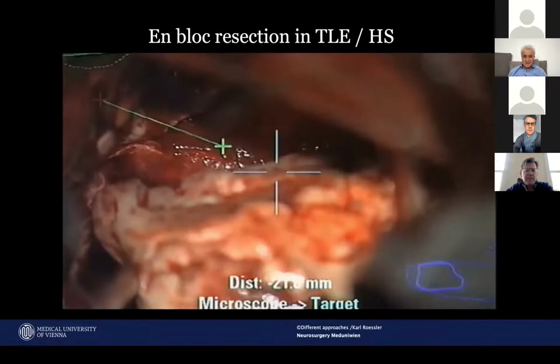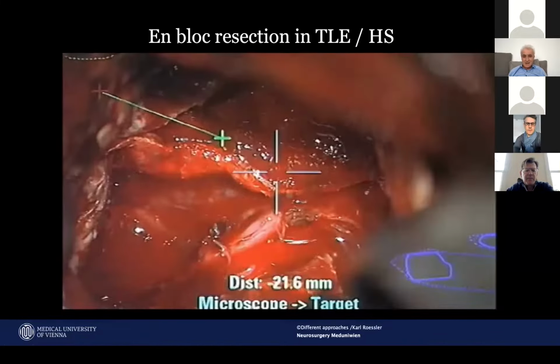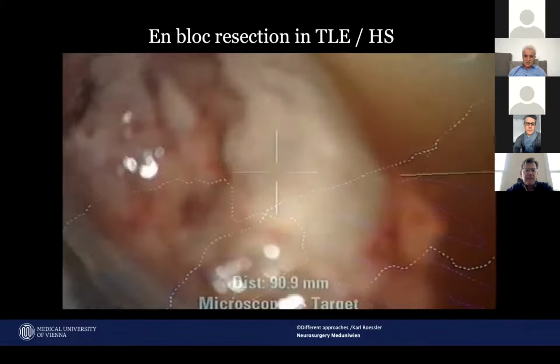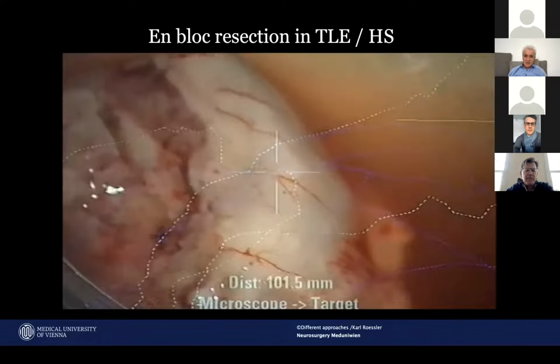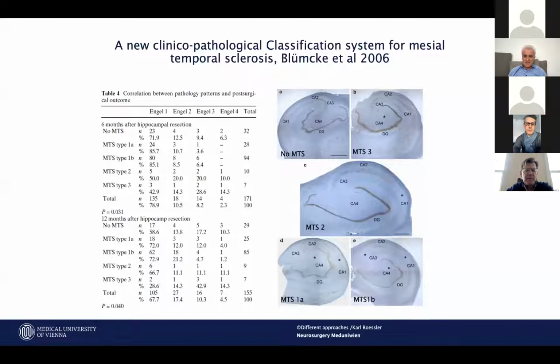And as you see, it's a really huge specimen, and I think we all have to be able technically to remove such a large specimen, hippocampus and parahippocampal gyrus en bloc, to allow the neuropathologist to get these fantastic pictures of the type of hippocampal sclerosis, not only to allow to do the diagnosis of sclerosis, but also to subcategorize the type, and by this way to give the patient an estimation of his prognosis.